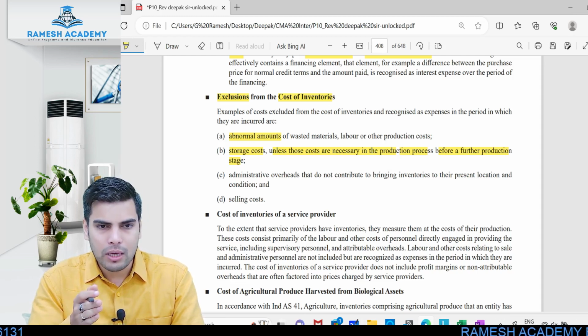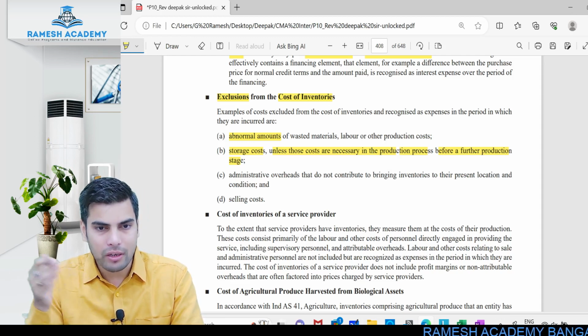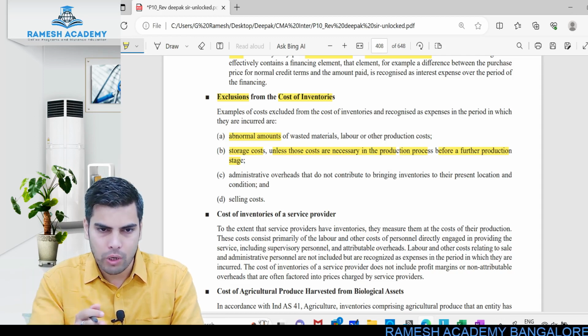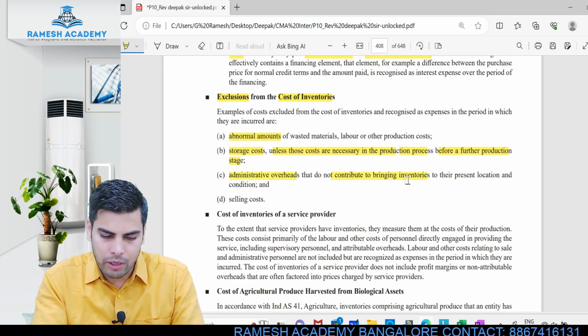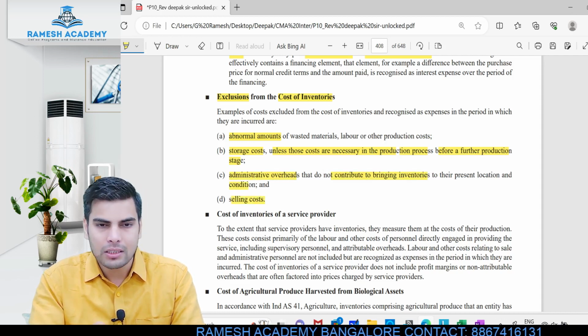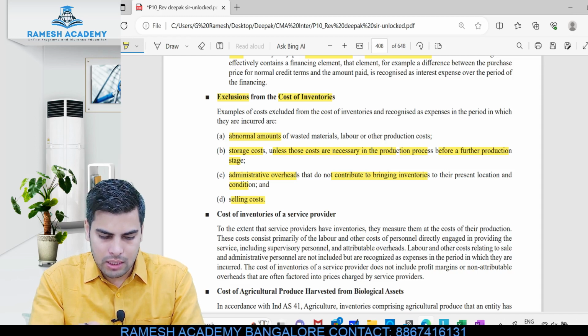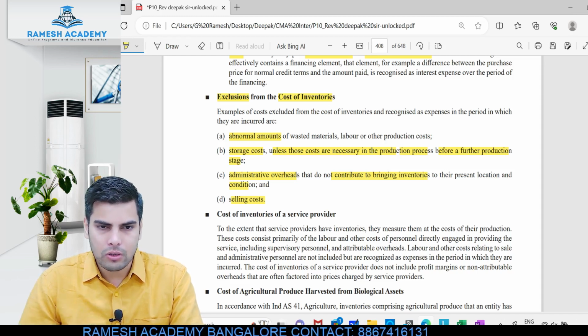But once the goods have already reached the finished goods stage, any storage cost after that is not going to get included in the cost. Administrative overheads that do not contribute in bringing the inventory to the present location or condition, and selling costs, all these are your indirect expenses, right? So these things will not be forming part of your cost of purchase.